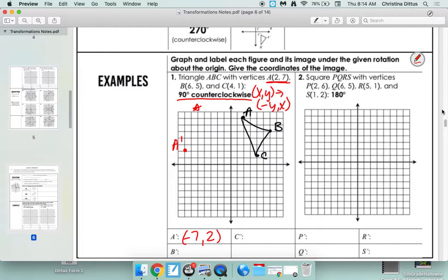B, we got 6, 5. So to find B prime, we're going to flip them, so 5, 6. And then the y is going to become negative. Our y was 5. So negative 5. Again, should be in this quadrant. 1, 2, 3, 4, 5. 1, 2, 3, 4, 5, 6. B prime.